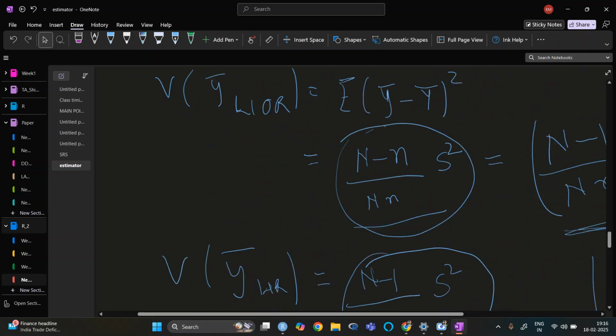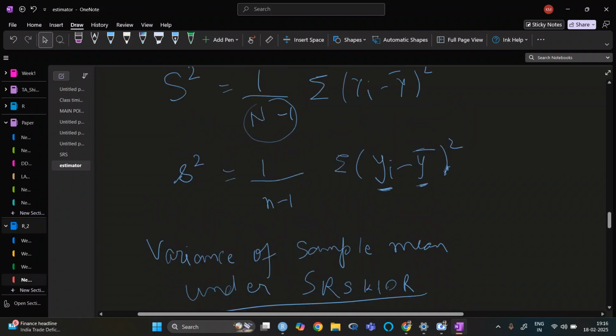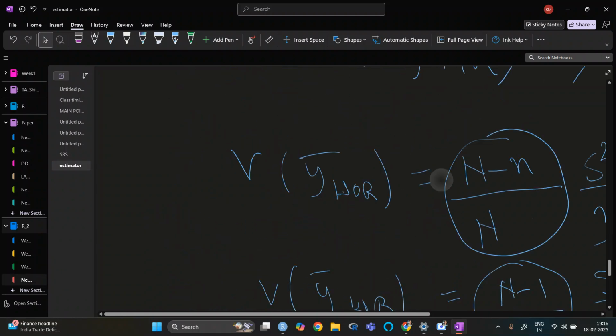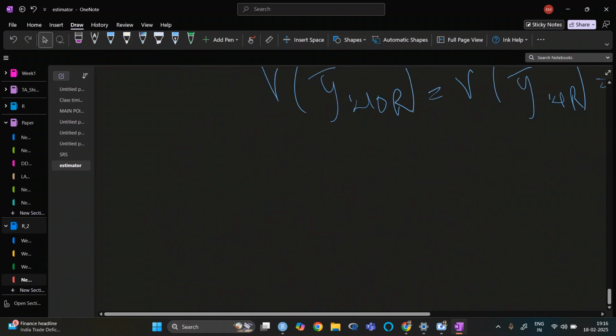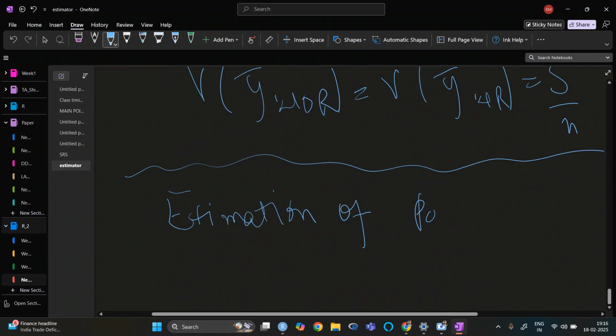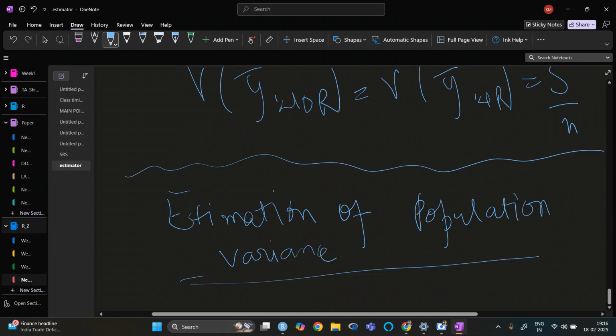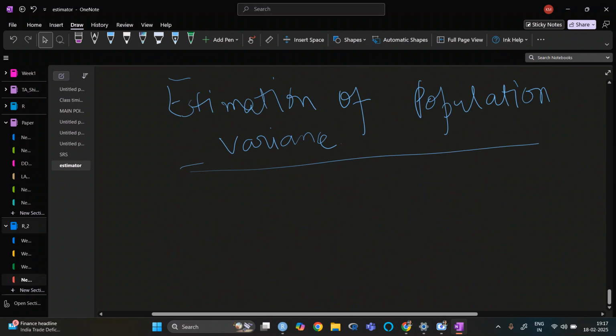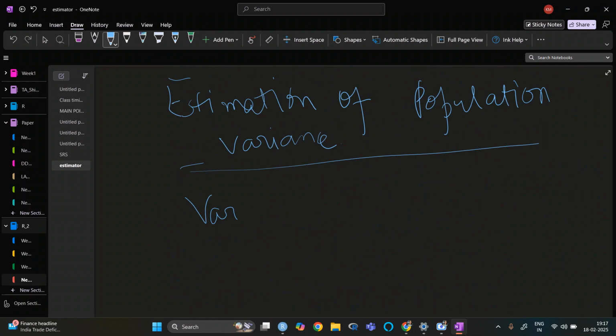So we have seen what is the population variance, and what is the variance of the sample mean under different schemes like SRSWR and SRSWOR. The next is the estimation of population variance.